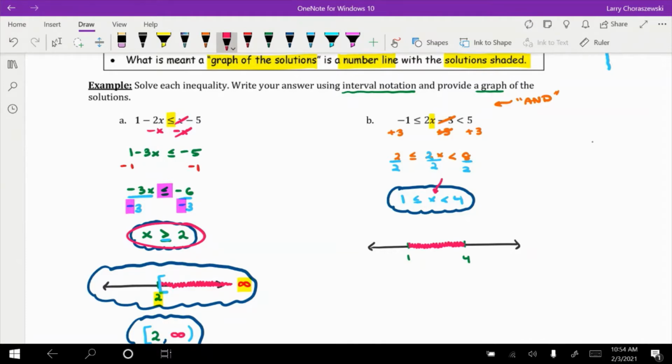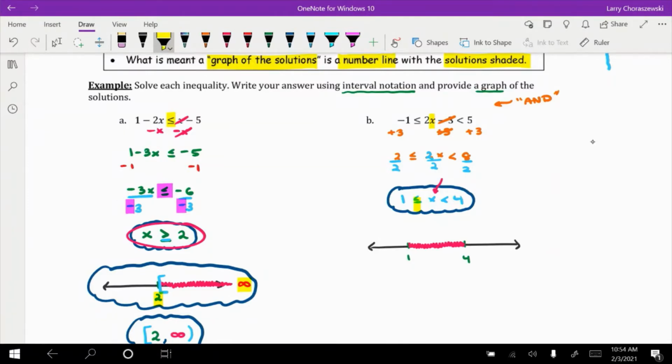We still need to decide on parentheses and brackets. Would anybody like to help me with what symbol we should put on the tick mark for 1? Would you just put a parentheses on that one? Because it's the smaller of the two? Well, that's a good guess. It is going to be a bracket though, because how we're comparing it to x is with a bracket.